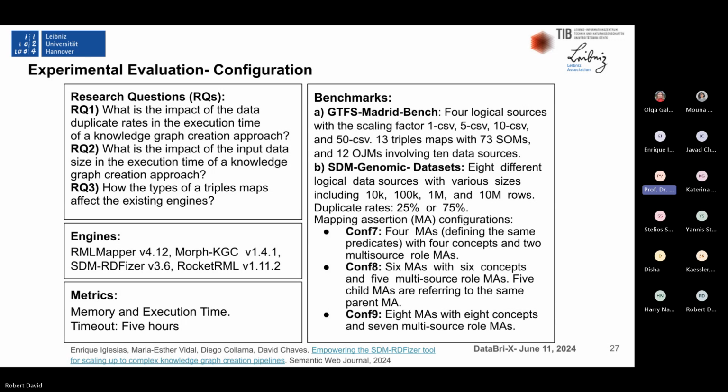And these benchmarks are capable of considering many different types of complexities that may exist in a data integration system. Not only the size of the data sources, but also the shape of the triple maps, the connectivity between the data sources, the selectivity of the data sets when they are joined via the triple map.